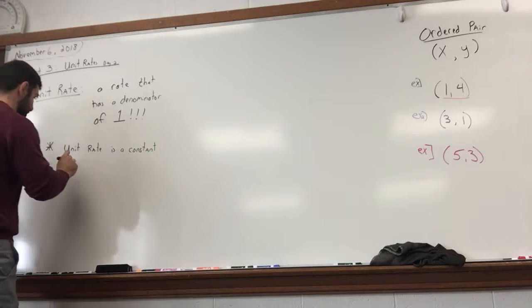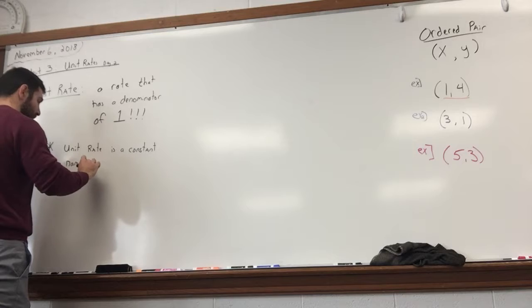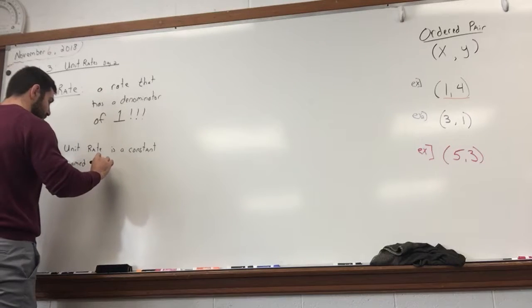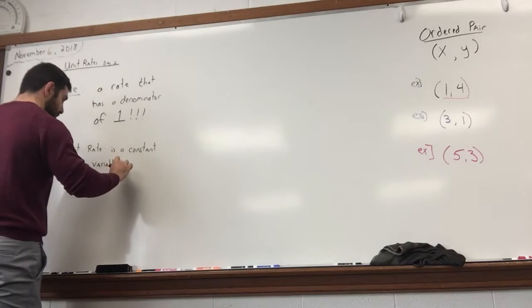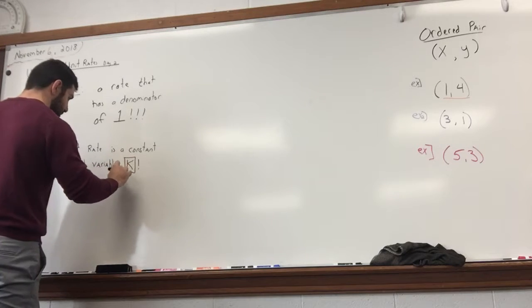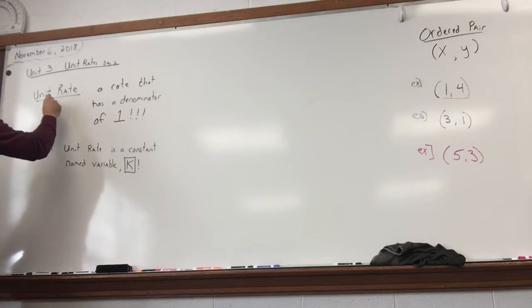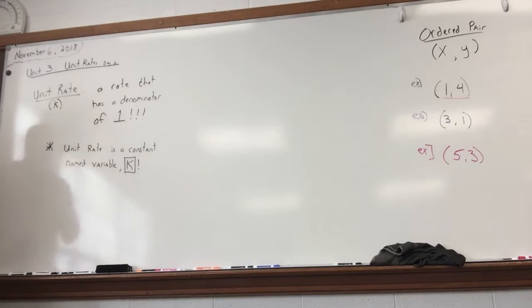Unit rate is a constant named variable K. So, if I ask you to find the unit rate, we could always say K equals. Unit rate is now a K. That is the variable that is associated with unit rate.